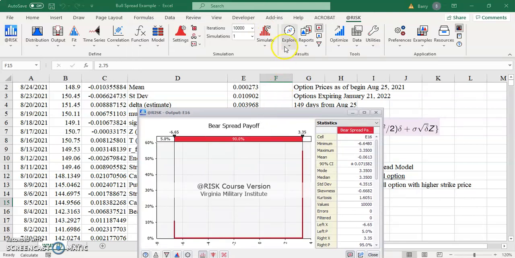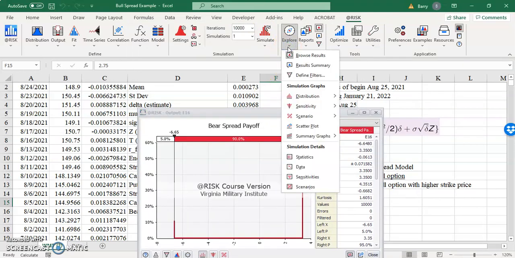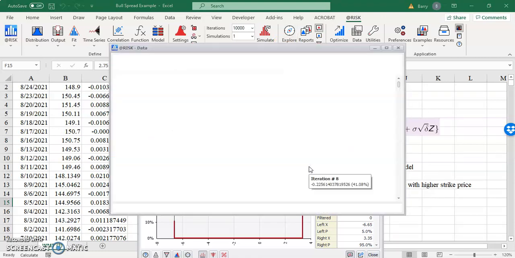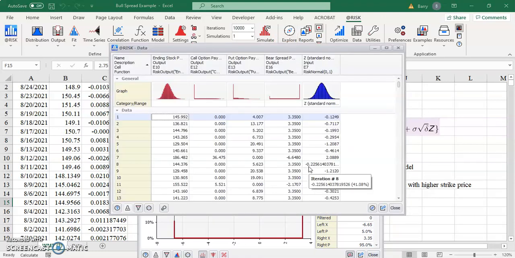To create this graph, we're going to go to Explore and then Data. What we see here are the different outputs that are defined in this model, as well as the one input.